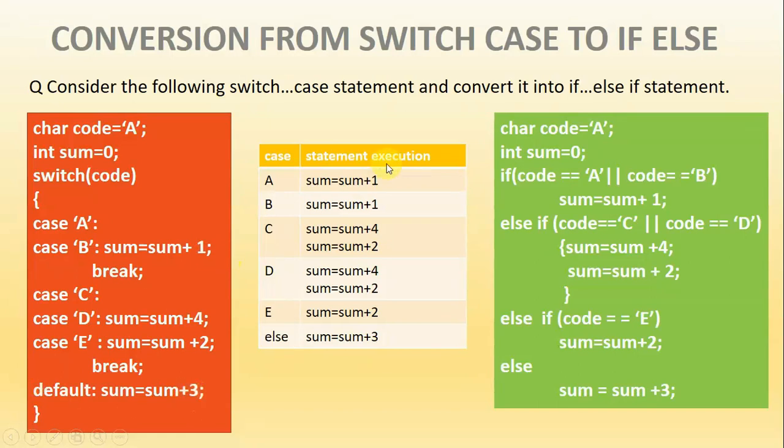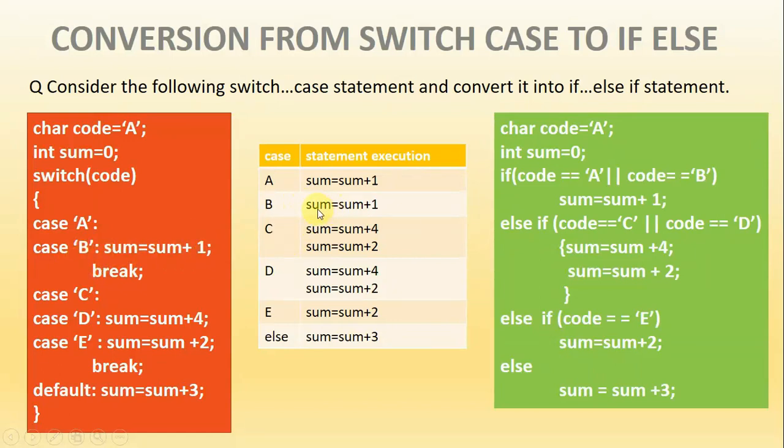So again, it is always better to make a table like this so that it becomes clear for which case which statement is executing. So we see first for A, if the value of code is A, sum equal to sum plus 1 is executing. So I have written here sum is equal to sum plus 1. Now for the next, B, again the same statement is getting executed.